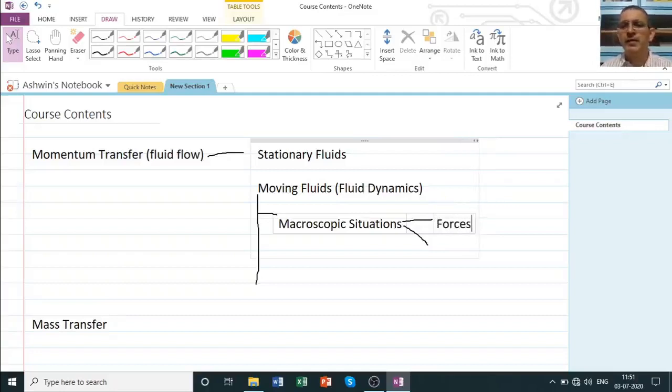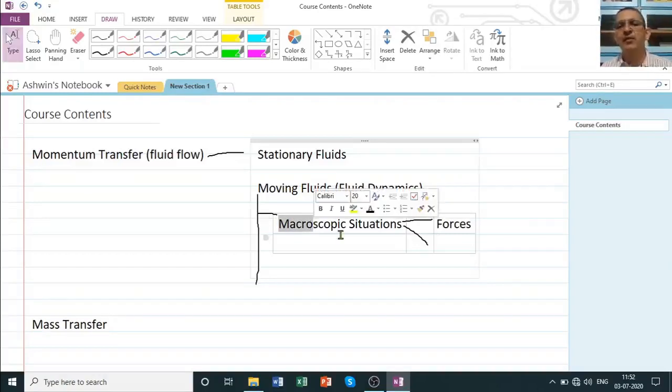What forces are there on macroscopic objects like ball, car, bus, people, agitators, mixers, particles, and so on and so forth. Macroscopic would mean that we are talking about sizes which are of the order of microns onwards, right? Micron is still small, but it is still considered as macroscopic. We'll talk about the reason why we are saying macroscopic.